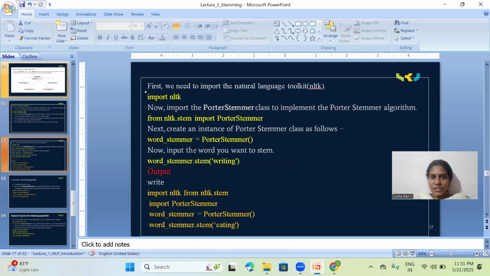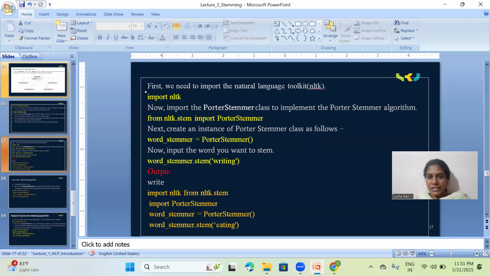So to use the Porter stemmer, first we need to import the natural language toolkit NLTK. Importing NLTK is a default thing in Python programming to perform NLP programs. From nltk.stem import PorterStemmer. Next, create an instance of the PorterStemmer class as follows.